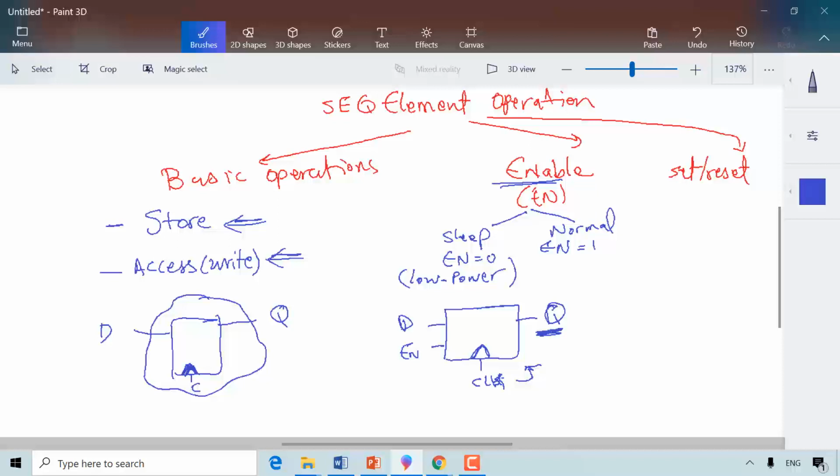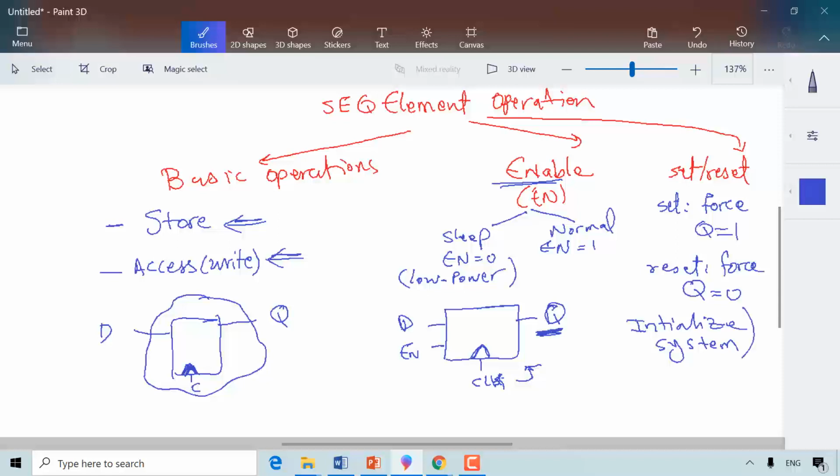And then we have set and reset. Set means that somehow you have to force Q to be 1, and reset means you have to force Q to be 0. Those types of operations are used when you initialize the system or the controller, so you force all the flip-flops to be zeros or ones.